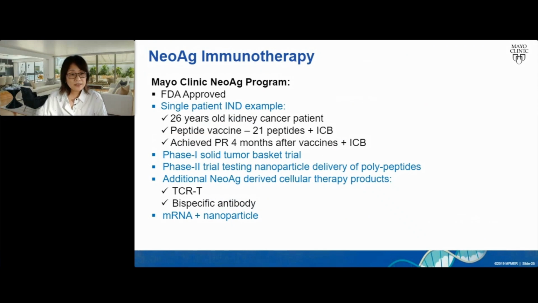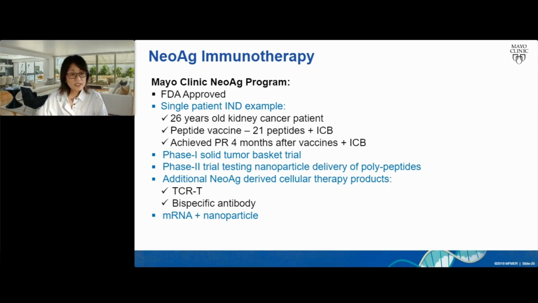At Mayo Clinic, we are conducting both single patient and phase 1 trials. One of the single patient IND examples is a 26-year-old renal cell carcinoma patient. 21 neoantigens were identified from the primary tumor as well as the liver met, and the patient achieved partial response 4 months after the vaccine ICB combination.